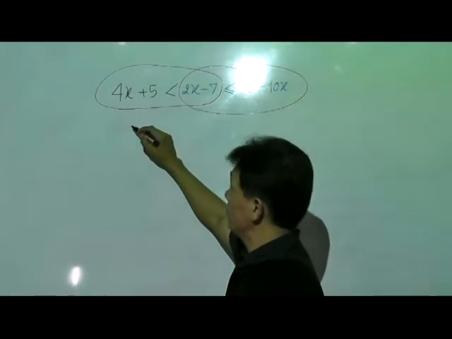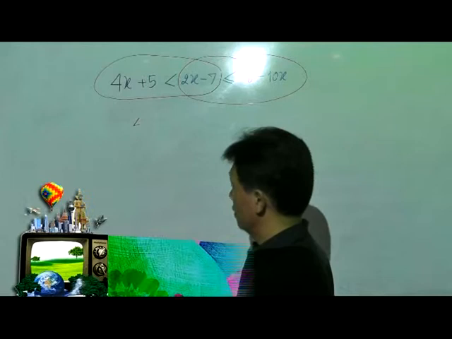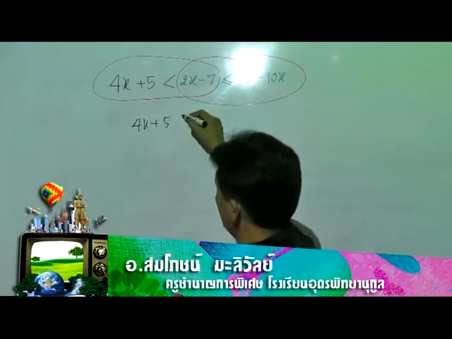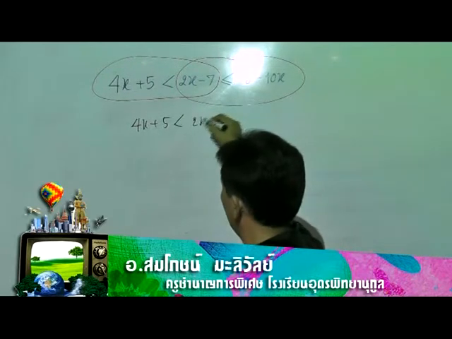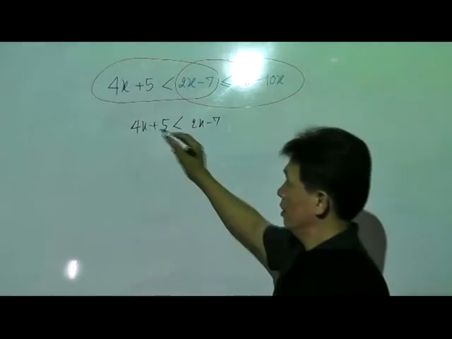We do the first one first, that is 4x plus 5 less than 2x minus 7.